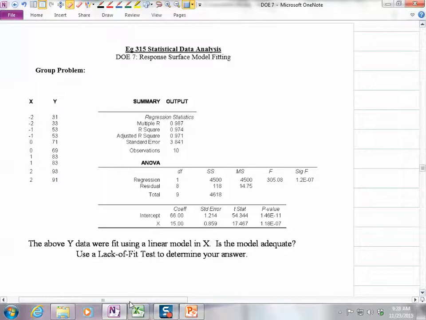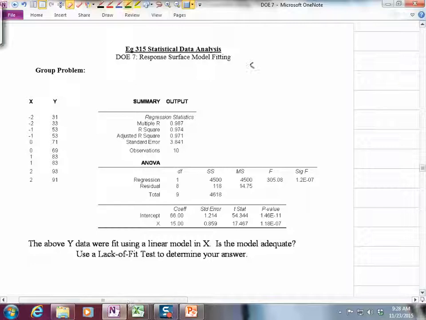So notice we have a data set, just x versus y, a linear regression, and so we have a model, and we're looking at trying to partition this.